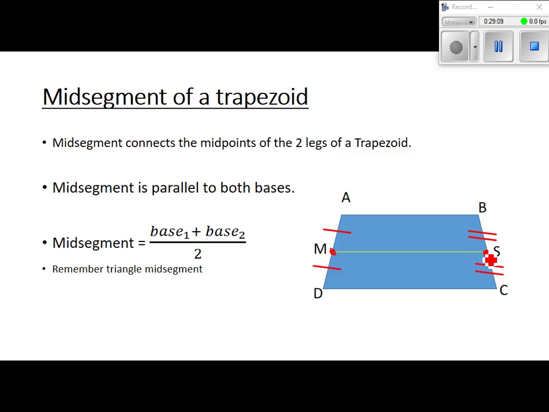So think back to the mid-segment of a triangle, and what you knew about it. It was on the last test, the chapter 6 test that we took. It's like half of the third side, right?